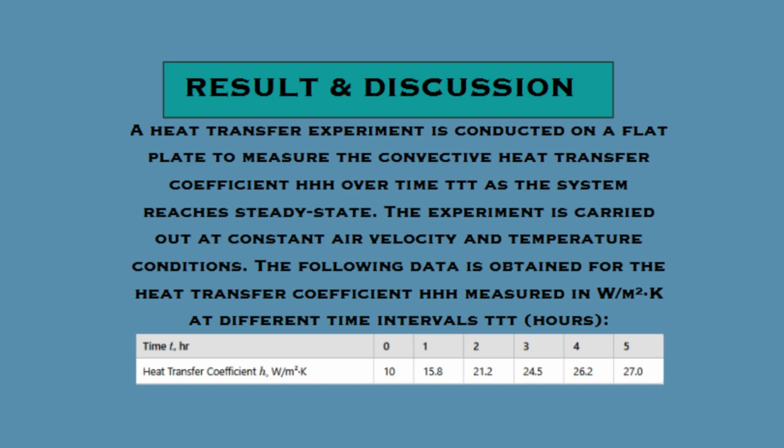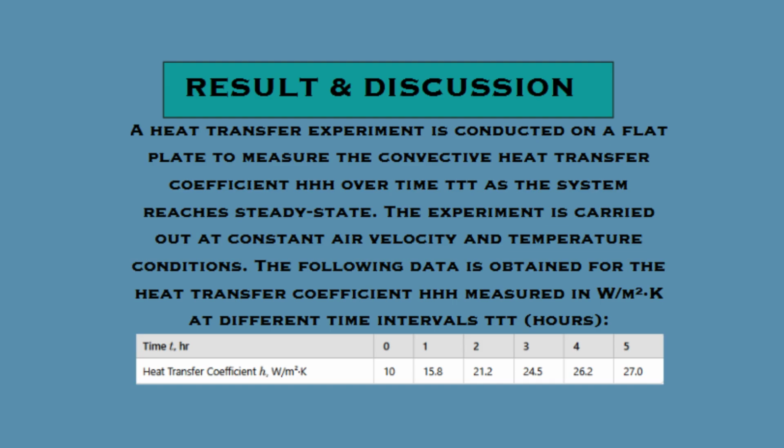So, to the results and discussion, we have an example using quadratic regression. A heat transfer experiment is conducted on a flat plate to measure the convective heat transfer coefficient h over time t as the system reaches steady state. The experiment is carried out at constant air velocity and temperature conditions.